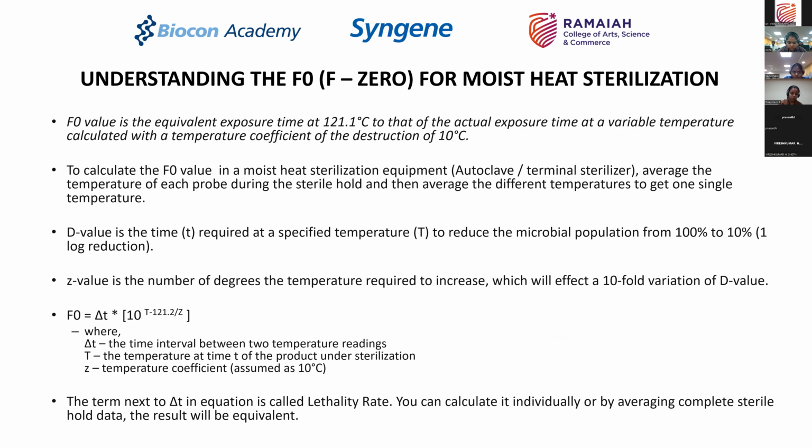But if your actual temperature was happening at, let's say, 125 degrees centigrade, and we saw other sterilization temperatures like 132 degrees centigrade being used, or sometimes you would use a lower temperature like 115 degrees centigrade in terminal sterilization, for example. In such a situation, when you take the value here and divide it by a temperature coefficient, which is assumed as 10 degrees centigrade for the formula, but there is a scientific way of calculating that also, you will arrive at the F0 value. And once you have the F0 value, then you say, okay, this is the time for which I'm going to expose the product so that I achieve my sterility assurance.